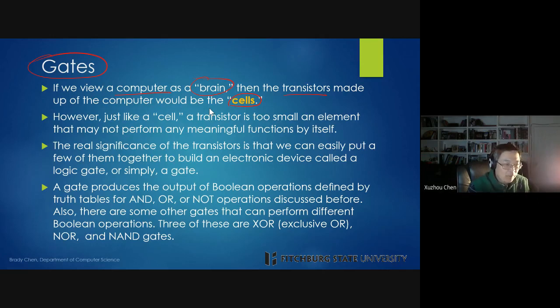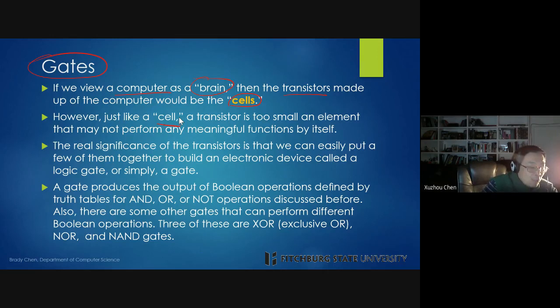All these millions of cells build together to build some kind of biological organ, and then build a brain. But as I say, these cells are too small, so they may not perform any meaningful functions by themselves.